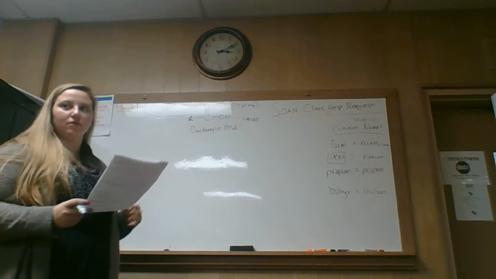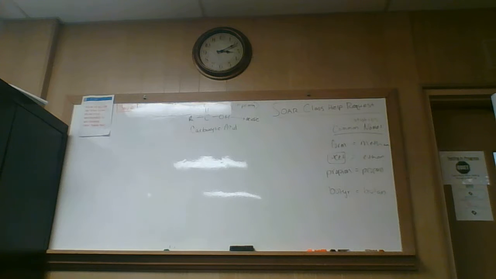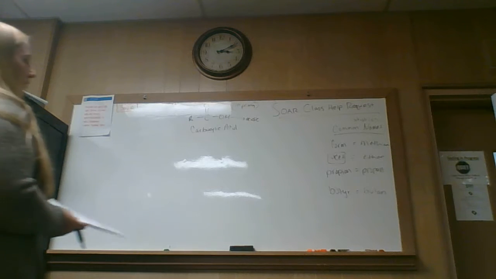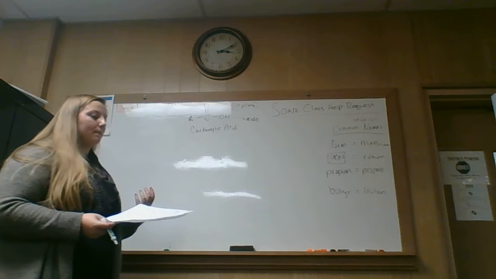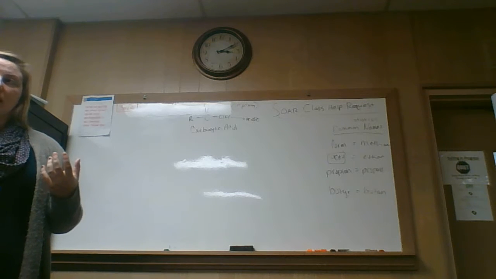So our carboxylic acid group, obviously know the carboxylic acid, be able to pick it out in a molecule. I don't know if you had gotten back from your lab at this point. We did talk a little bit last week about what functional group takes highest priority when you're naming.